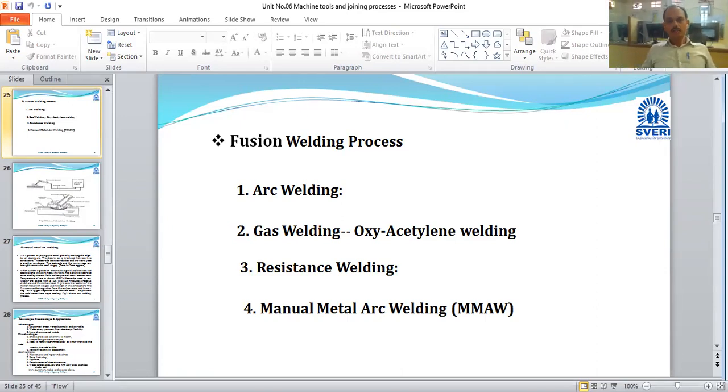Then which operations can we perform on it? The first one is drilling, then reaming, counter boring, countersunk hole, counter bore hole. So these are the operations we can perform by using the drilling machine.